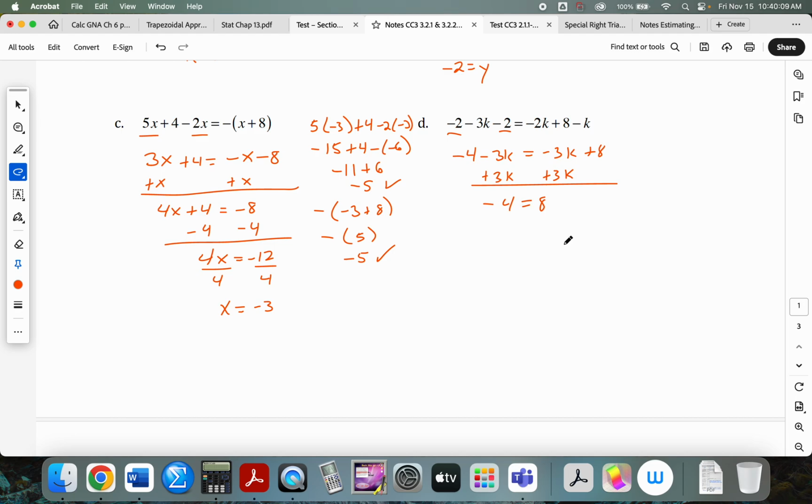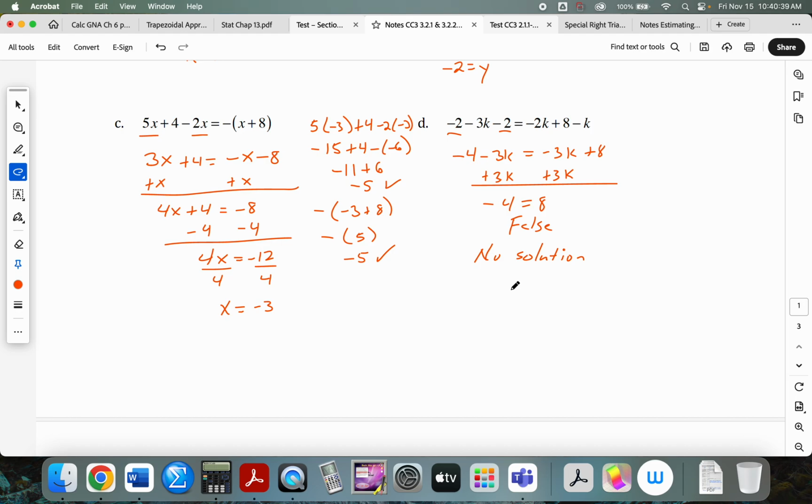Does that make any sense? No, but it happens. Is this a true statement? This is very much false. So this has no solution. And since it has no solution, you can't check it.